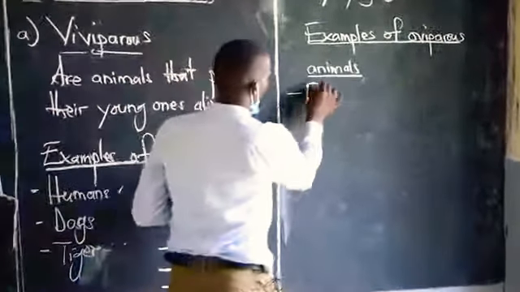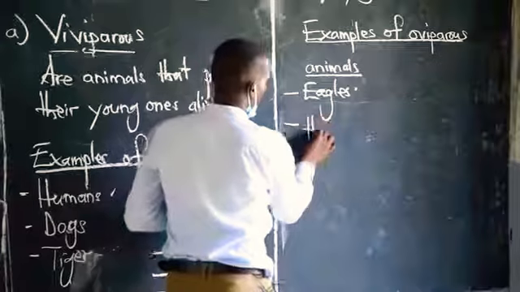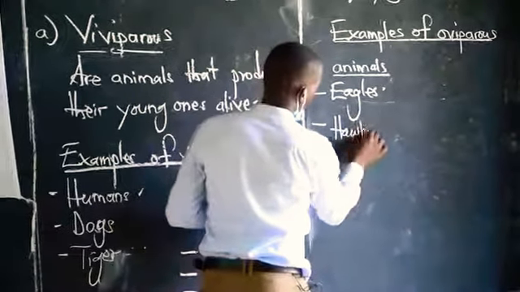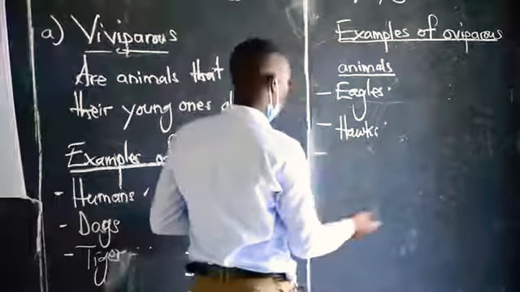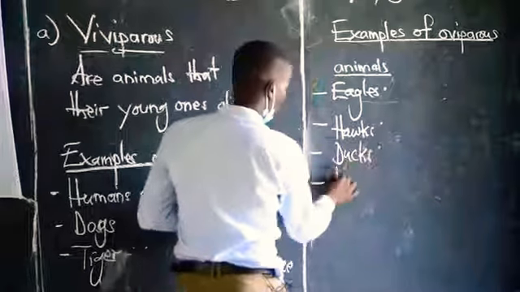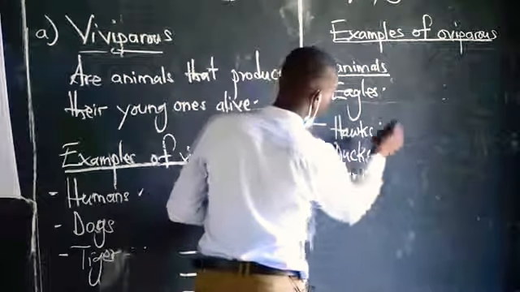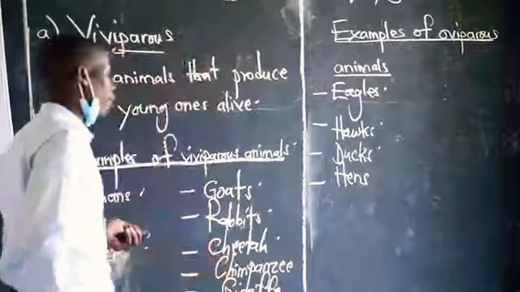Look at the eagles, mention the hawks, very many birds. Come, look at home. Let's talk about ducks, talk about hens, turkeys, different birds.